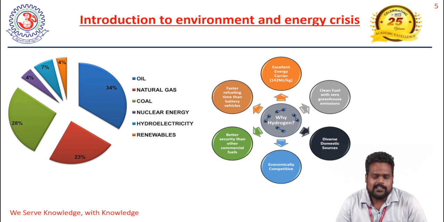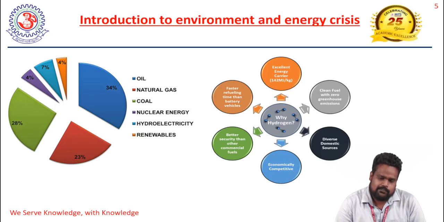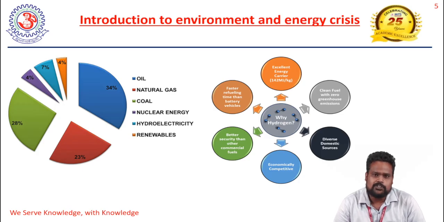Because it is an excellent energy carrier, a clean fuel with zero greenhouse emissions, economically highly competitive, low cost, and it has a faster refueling time than battery vehicles. That is why we can go for hydrogen as a potential source to mitigate the global energy crisis.